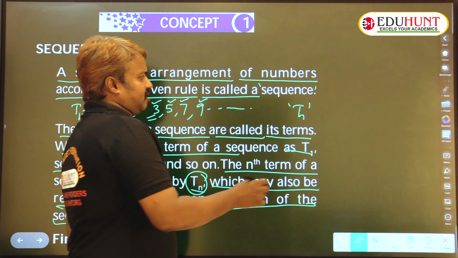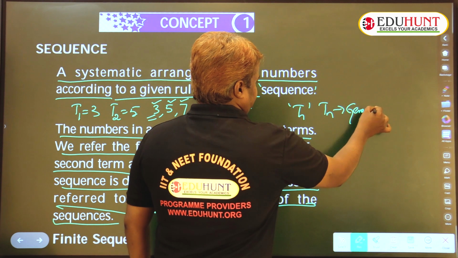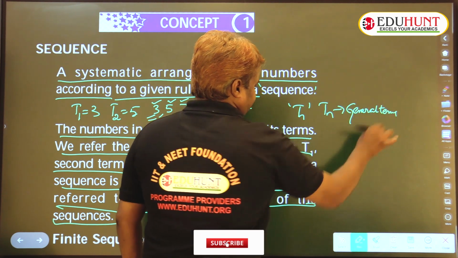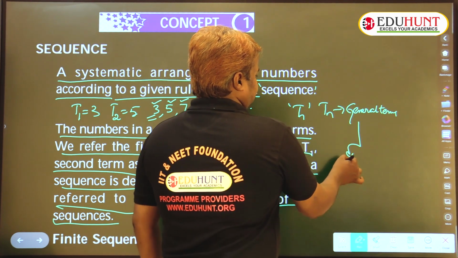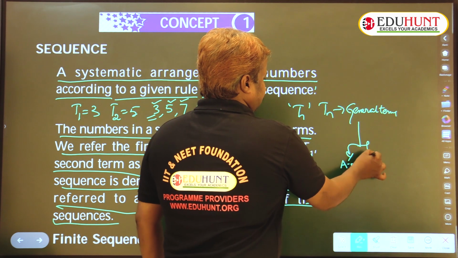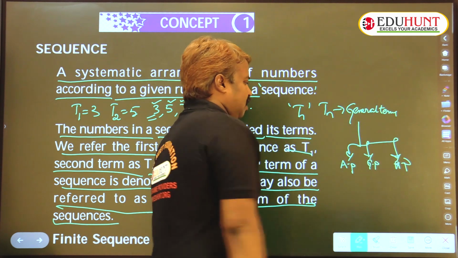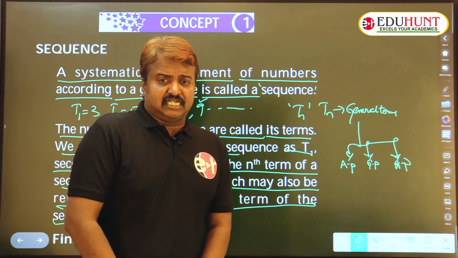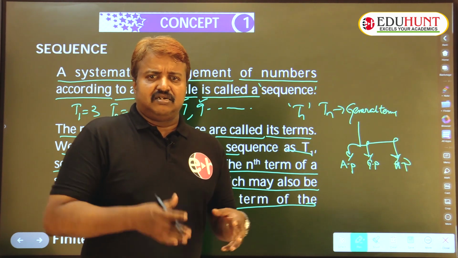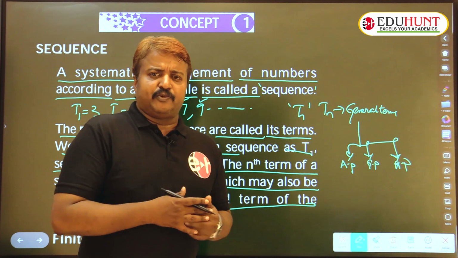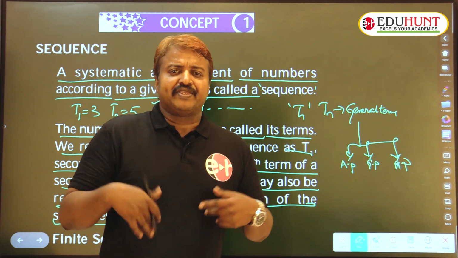Tn is the general term of an arithmetic progression (AP), and similarly of a geometric progression (GP) and a harmonic progression (HP). Based on these different progressions, Tn varies. Tn differs between arithmetic, geometric, and harmonic progressions.